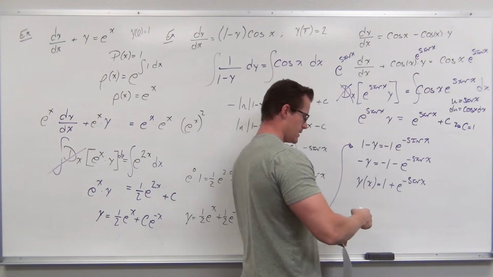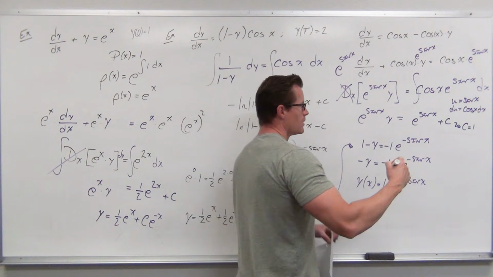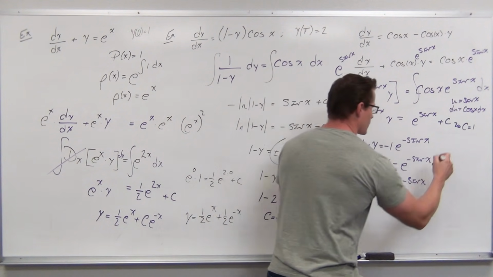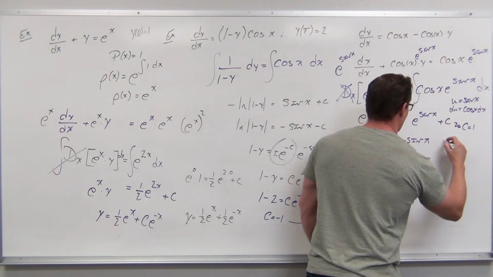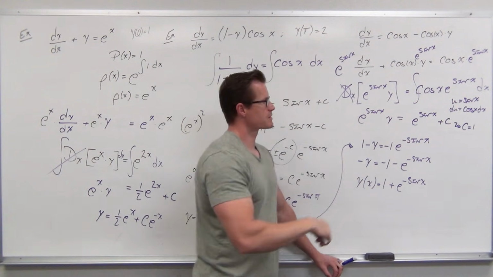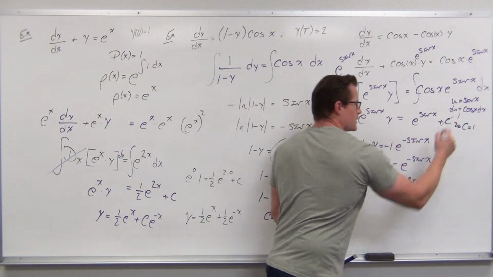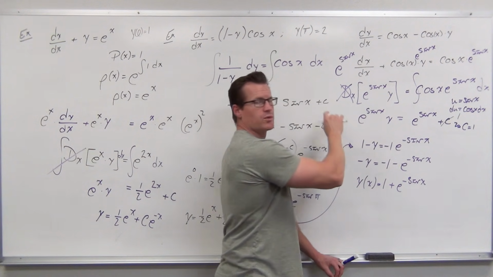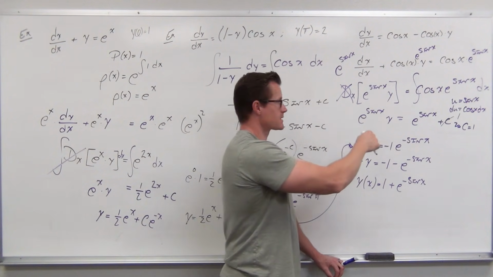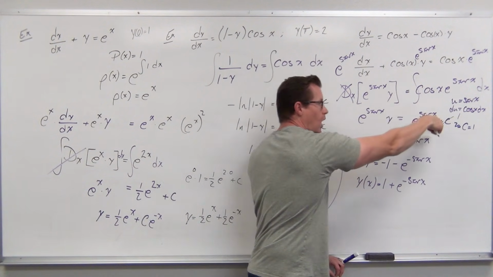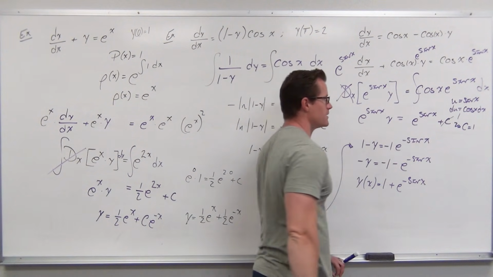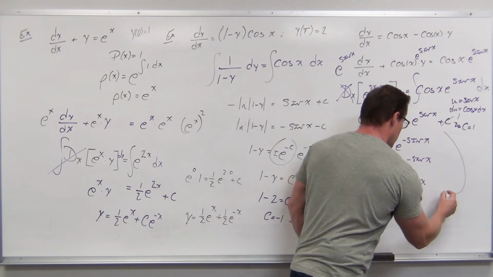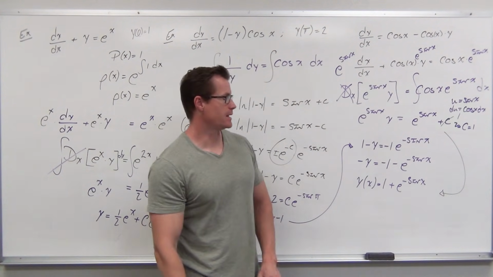I'm going to tell you that c is 1. I'm also going to tell you that to get rid of e to the sine x, you'd multiply everything by e to the negative sine x. That would give you y equals 1 times e to the negative sine x. And that's exactly what that is.